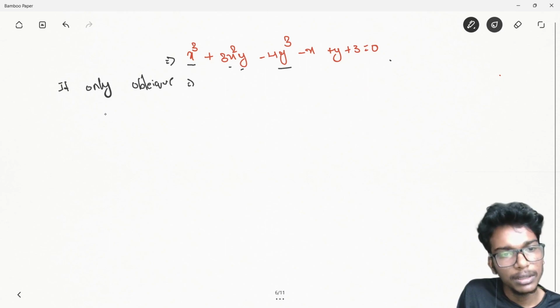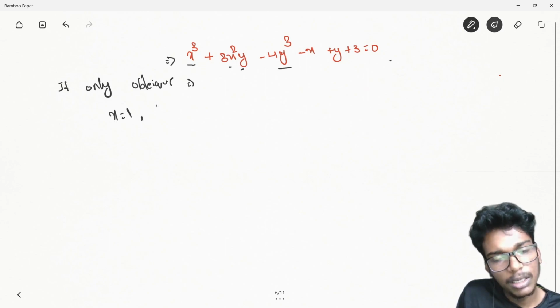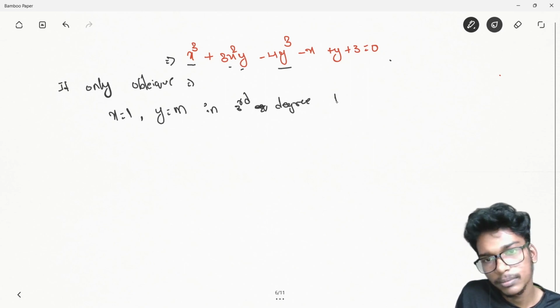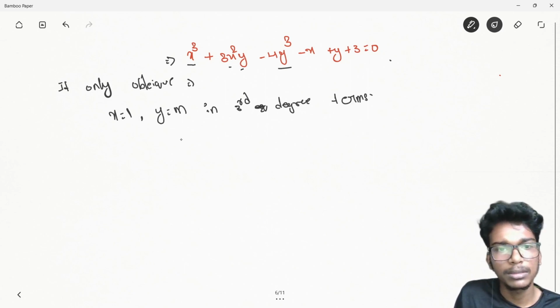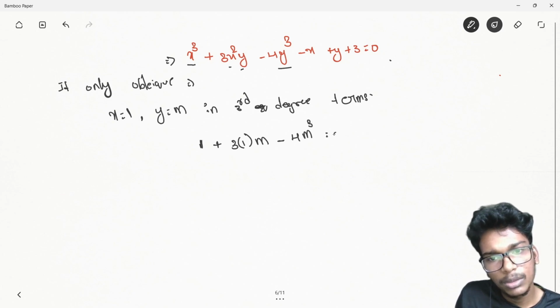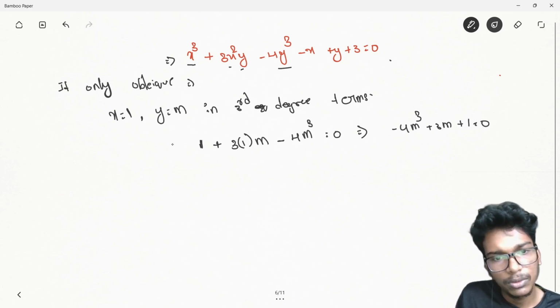Now we will find phi 3 of m: take x equal to 1 and y equal to m in the third degree terms. 1 plus 3 into 1 into m minus 4m square plus m cube equal to 0. That implies minus 4m cube plus 3m plus 1 equal to 0.